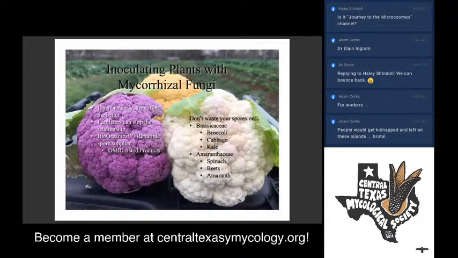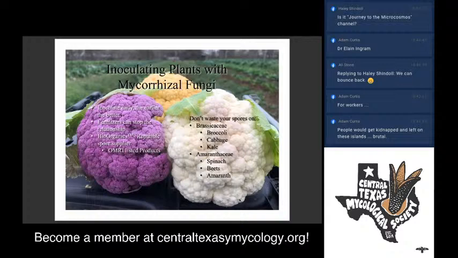So another important aspect for incorporating fungi into the garden is inoculating your plants with mycorrhizal fungi. A general rule of thumb is that the earlier you inoculate, the better.